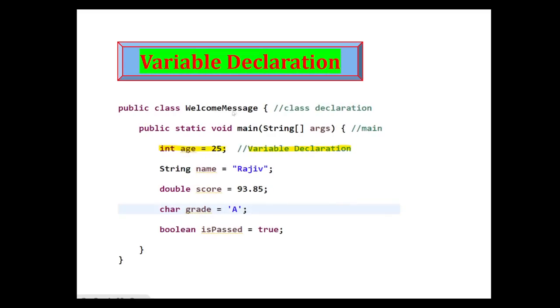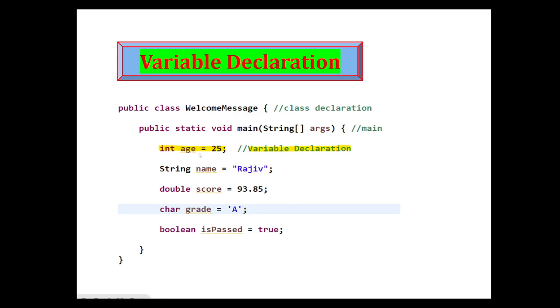Now let us understand how we can declare these variables inside our Java program. So this is one class with name welcome message, and the first line is a class declaration. Next we have main method, which is an entry point for our program, and inside that we have declared different variables of different data types.